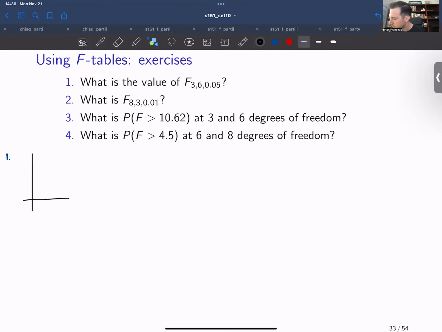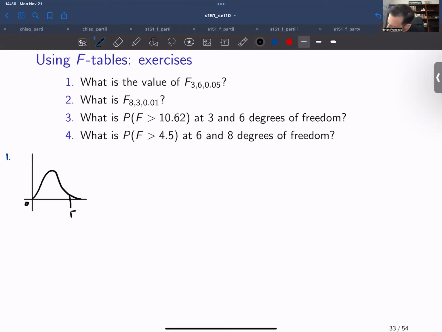We're going to sketch out a right skewed curve, very much like we did in the case of a chi-square distribution. I'm just going to make this a little more skewed. Really want to emphasize that skewness, right? And what we are doing with F tests is we are working in the skewed tail. So there's no concept of two-sided testing with F tests. It's always going to be tests conducted in the skewed tail.